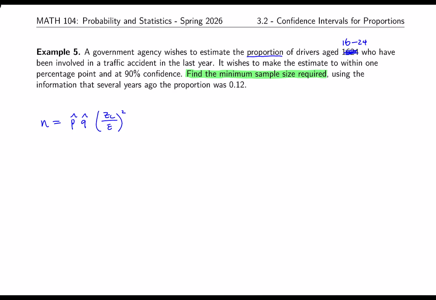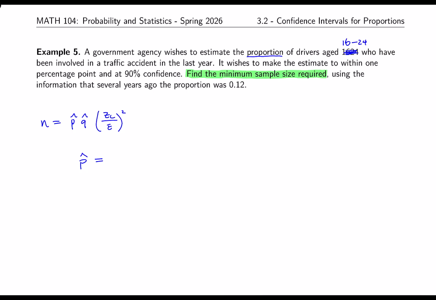Okay, so p hat. The thing here is we're trying to figure out what the proportion actually is. We're trying to come up with this proportion. And the thing is, we haven't actually done the study, so we don't have any values from the study to use.